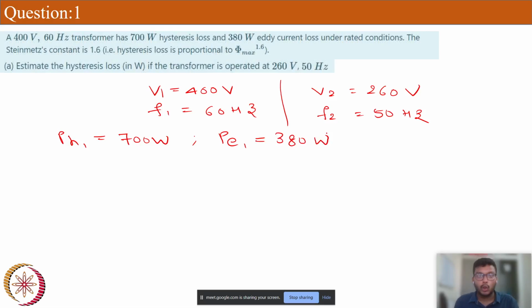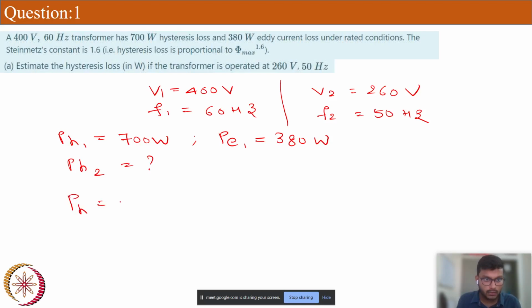So now we were asked to find the hysteresis loss in the transformer if it is operated at different voltages. What is required here? PH2 is equal to N. This is the question. We need to find the hysteresis loss in the transformer if it is operated at different voltages. Now let's write the formula of hysteresis loss.